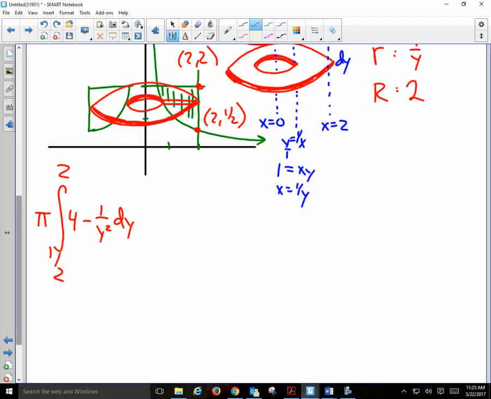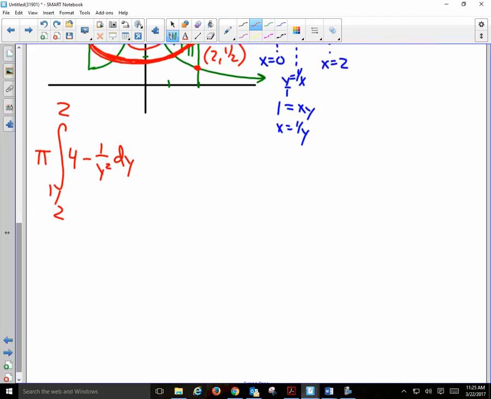Nope, nope. This one, the outside is constant and the inside is constant. Doesn't change. Antiderivative: 4y. What's the antiderivative of negative 1 over y squared? Plus 1 over y.